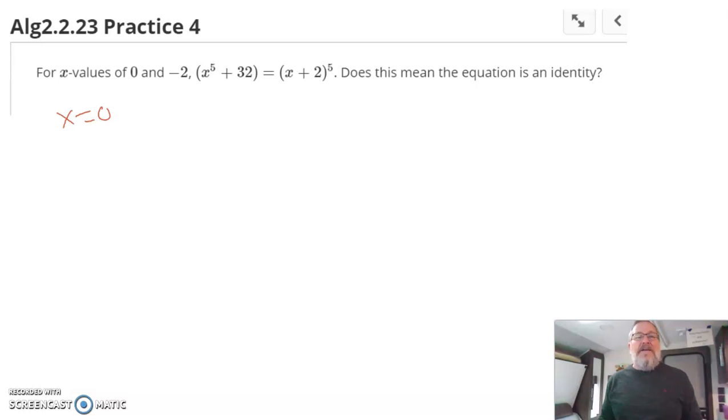So if I took x equals 0, I would have 0 to the 5th plus 32. And on the other side, I would have 0 plus 2 raised to the 5th, which is 32. Yes, x equals 0 checks. Perfect. Now check x equals -2. Cool.